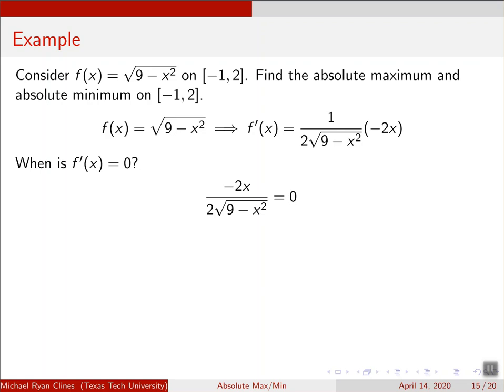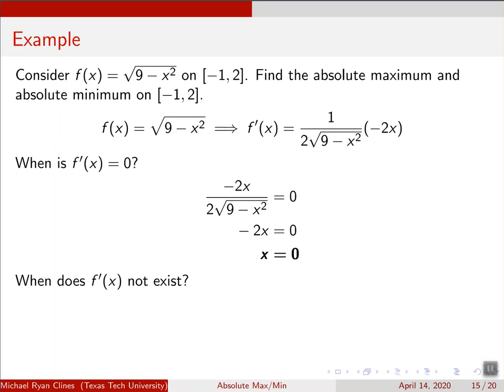All right? So we have this fraction is equal to 0. But when is a fraction equal to 0? When the numerator is equal to 0. So we're really just asking, when is -2x equal to 0? Well, that only occurs at x is equal to 0.